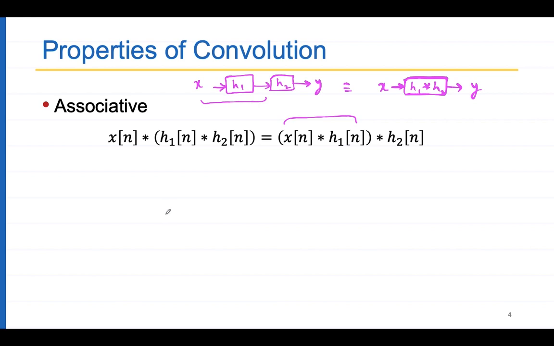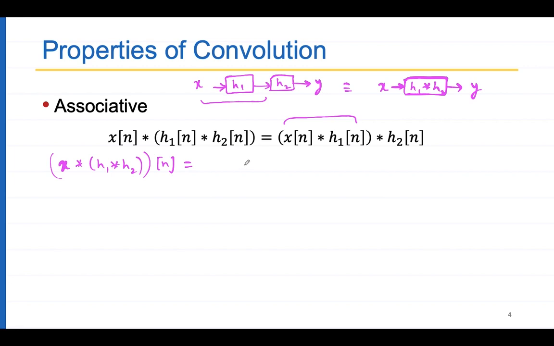Now, how do we prove this? The proof is, okay, a little bit messy, but it is very simple. Let's start from, let's say, the left hand side. In the left hand side I have x convolved with h1 convolved with h2, and this whole thing at n.